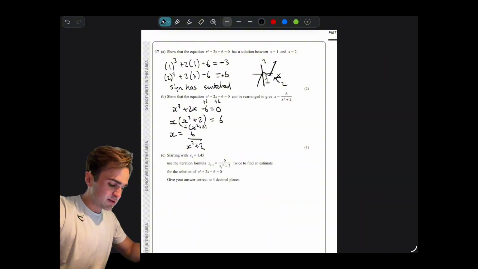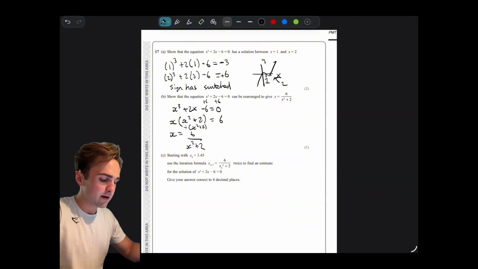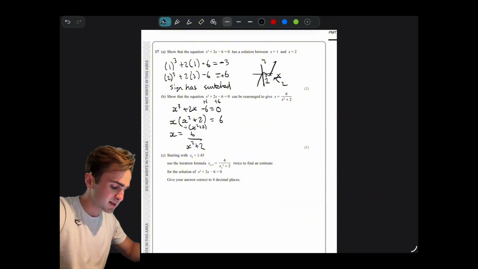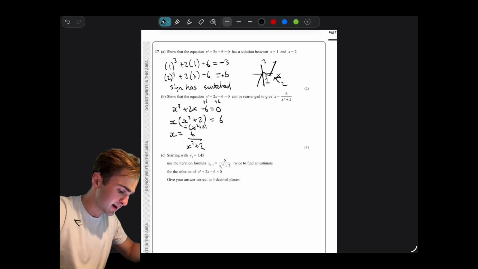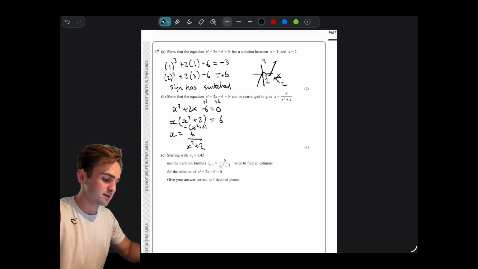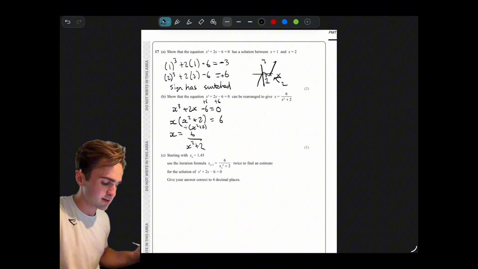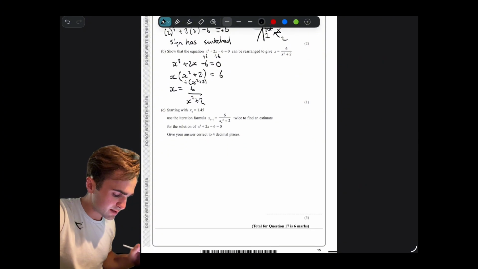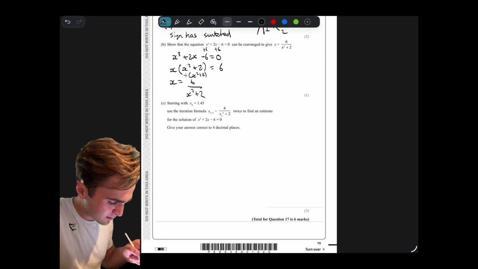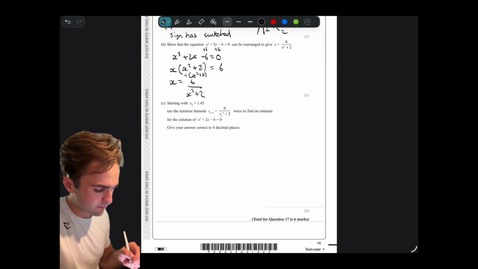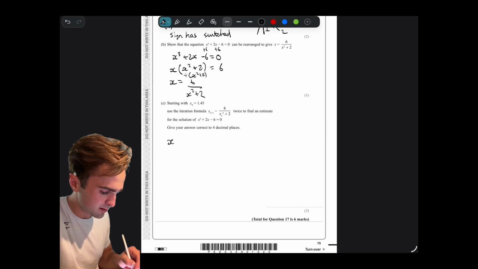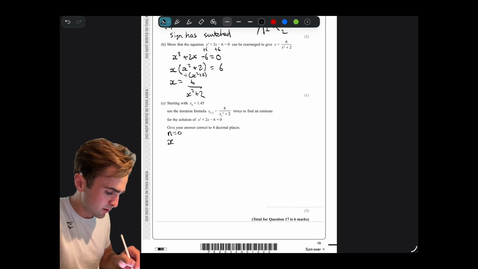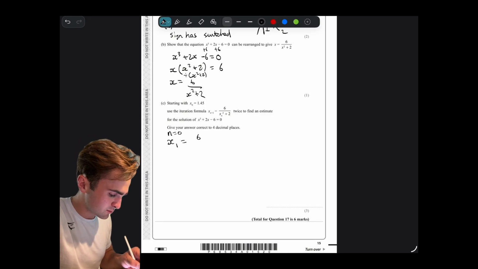C, starting with x0 equals 1.45, use this iteration formula x n plus 1 equals 6 over x sub n squared plus 2 twice to find an estimate for the solution. So we're using this iteration formula twice. So x of n plus 1, if n is 0, we have x of 1 equals 6 over x0 squared plus 2.